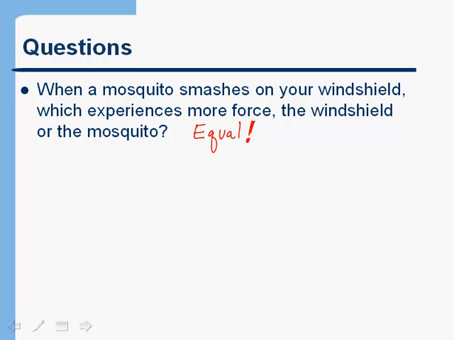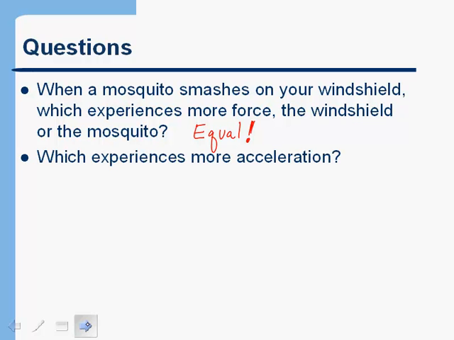After all, the mosquito gets splattered on the windshield, and it doesn't seem like anything happens to the windshield. The thing to realize, though, is that the forces are the same, but the accelerations are very different. The mosquito experiences a much greater acceleration, and that's the result that we see.